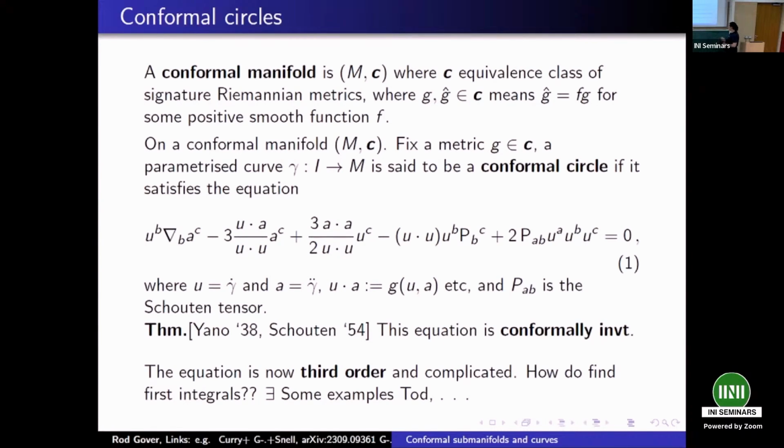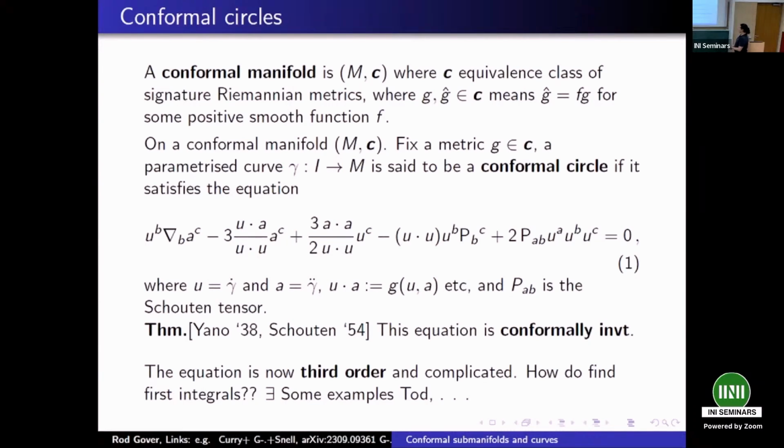It's third order and complicated. So how would you find first integrals for that? You can't now just mimic the last thing, right? Because somehow the equation is quite complicated. So this is what I mean by a motivating problem.